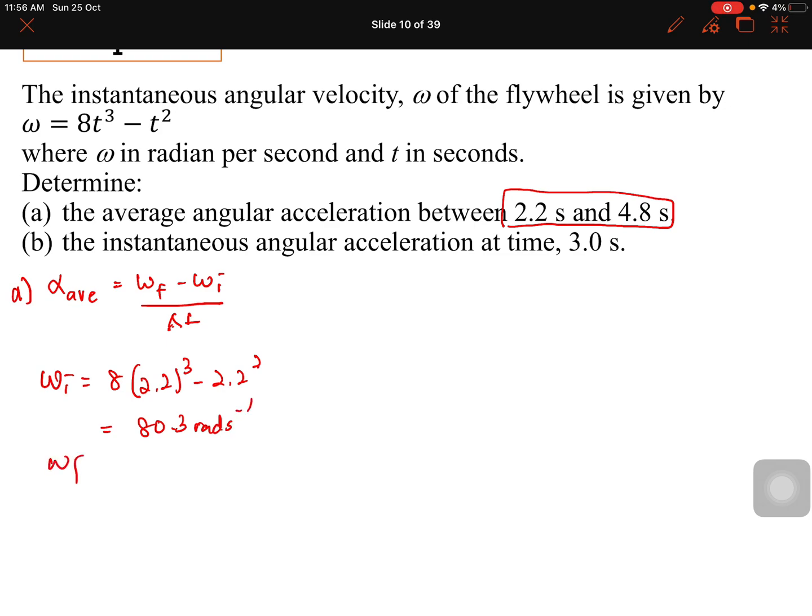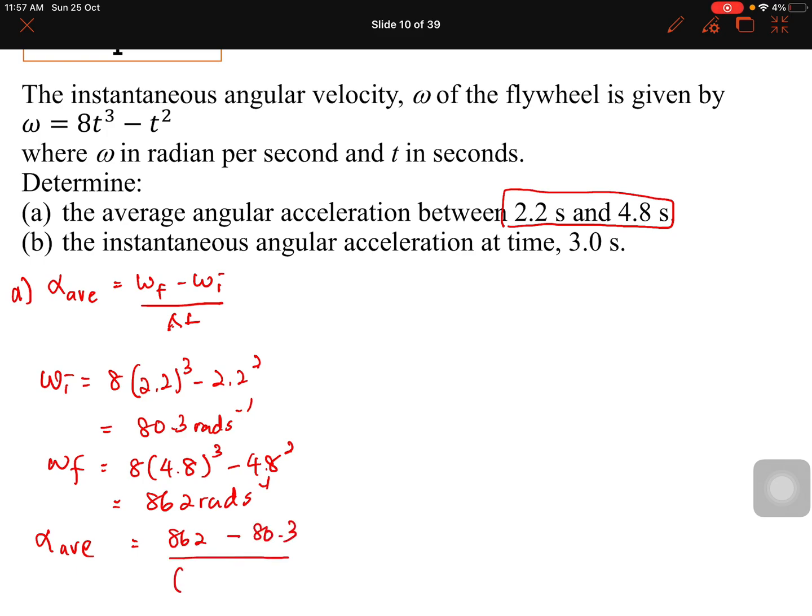Then omega final is 4.8 cube minus 4.8 square, we're going to get 862 radian per second. So average angular acceleration is 862 minus 80.3 divided by the range of time 4.8 minus 2.2, so you're going to get 301 radian per second square.